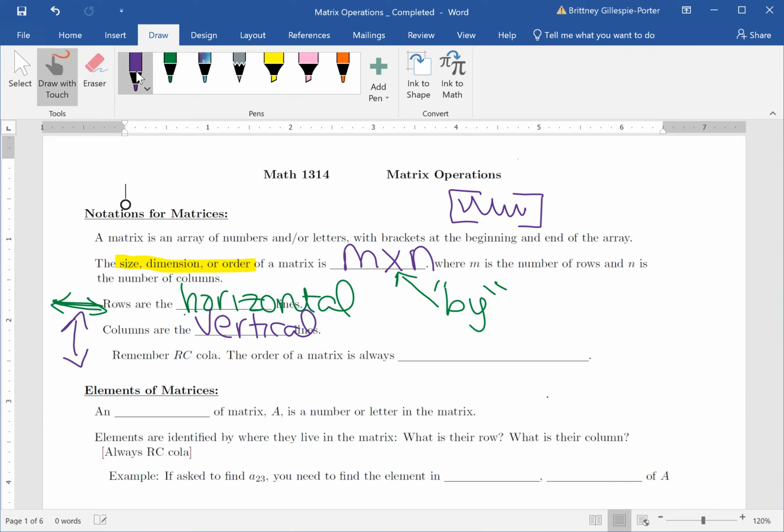It's an old competitor of Coke, I guess you could say, before Pepsi, but it's the way that I was taught to remember how to do matrices. RC Cola. The order of a matrix is always rows by columns. RC Cola. Okay.